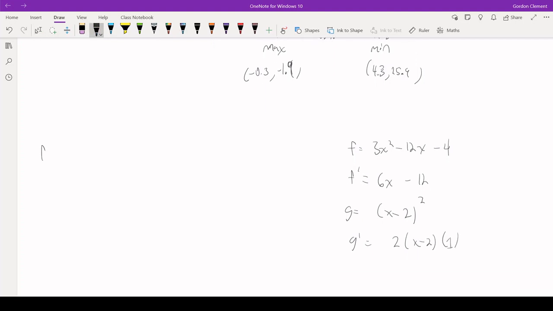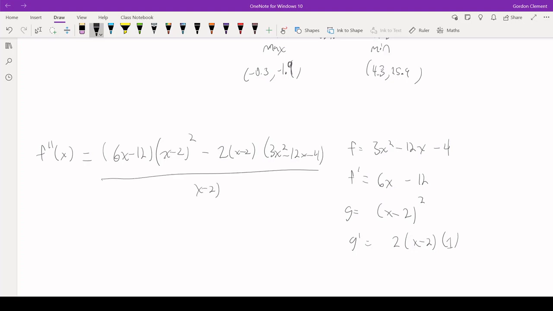So there's my parts: f prime g minus g prime f, all over g squared.